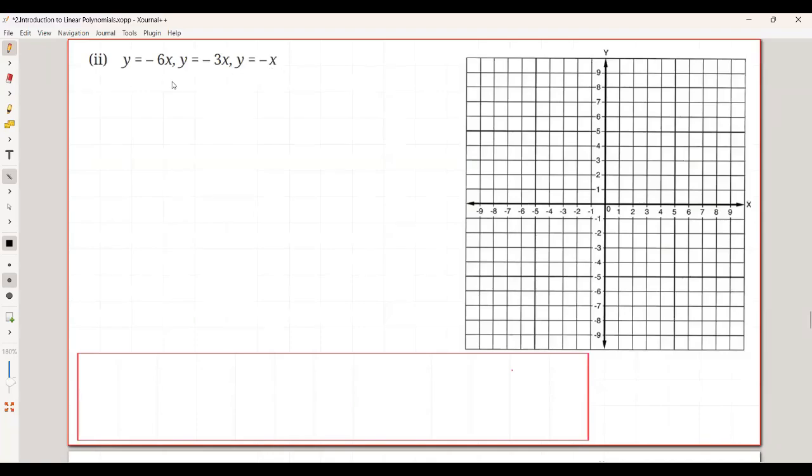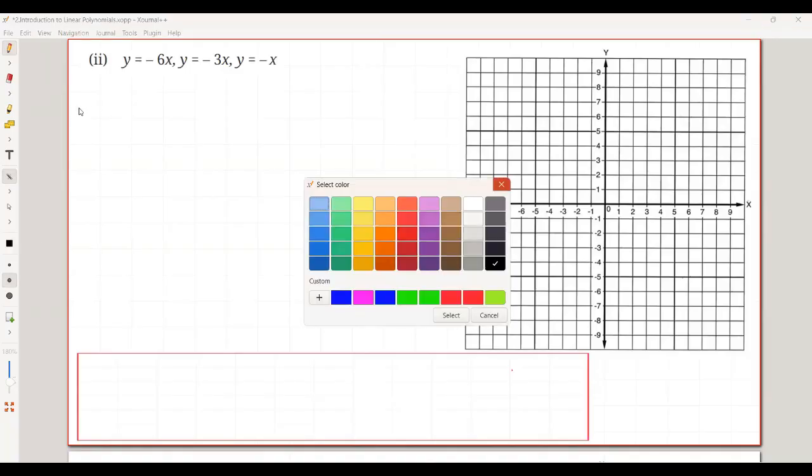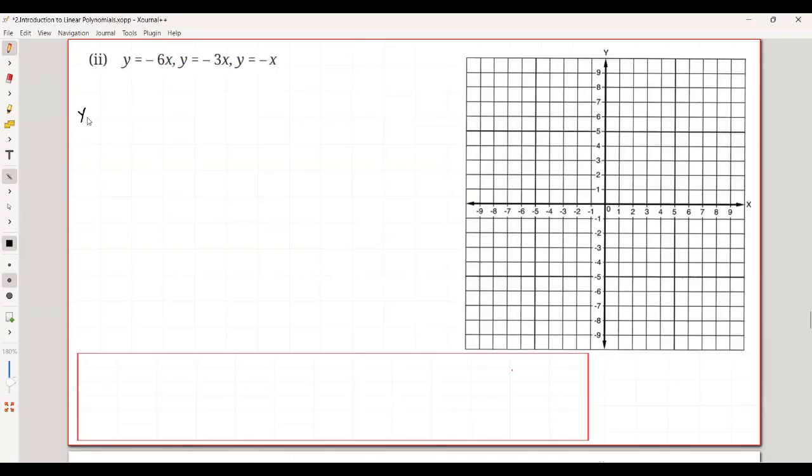Now for plotting the points, first you have to find out the points. Let us take the first equation, y is equal to minus 6x. I am just taking x is equal to 0.